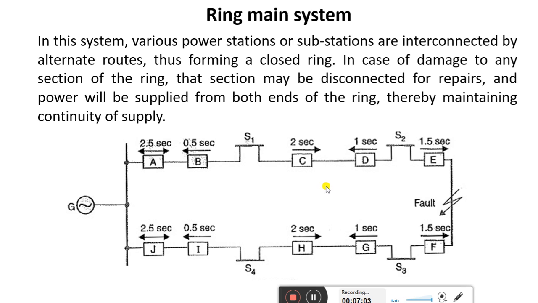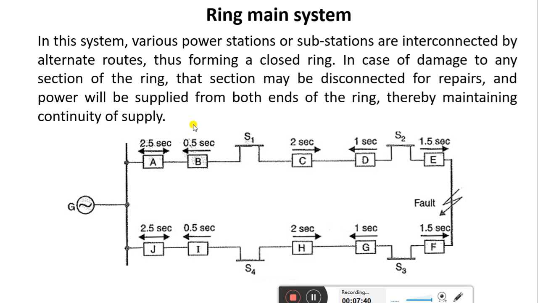So let us see what is written here: in this system various power stations or substations are interconnected by alternate routes, thus forming a closed ring. In case of damage to any section of the ring, that section may be disconnected for repairs and power will be supplied from both ends of the ring, thereby maintaining continuity of supply.